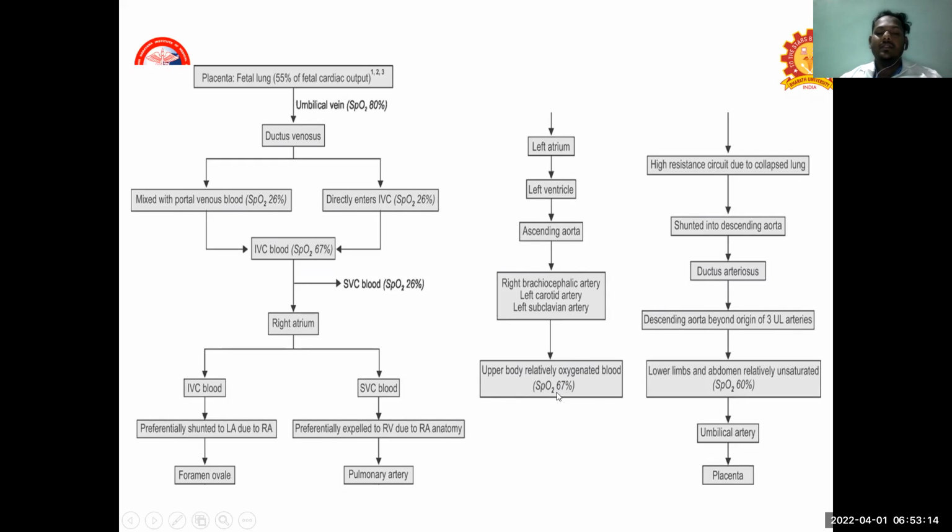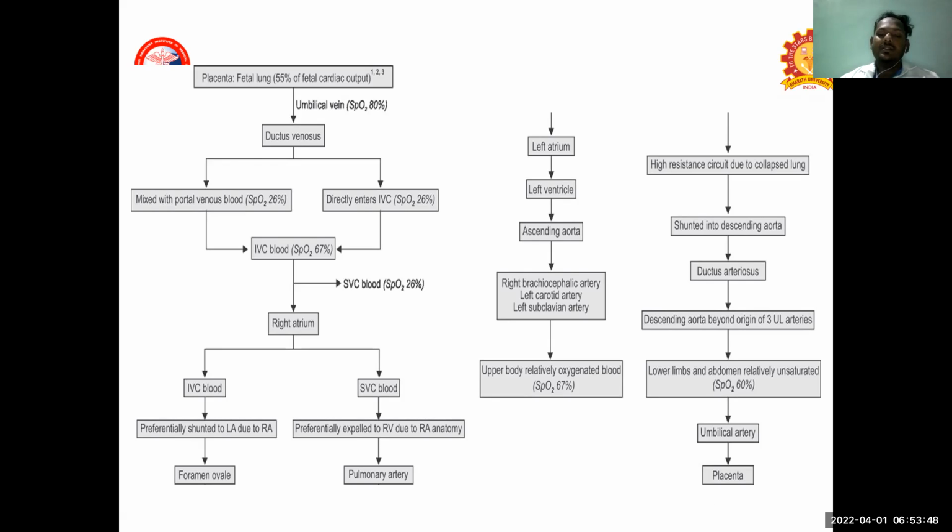So saturation of the upper body is 67%, but the blood from pulmonary artery reaches a high resistance circuit due to collapsed lung. This blood will be shunted into descending aorta via ductus arteriosus, beyond the origin of three umbilical arteries.